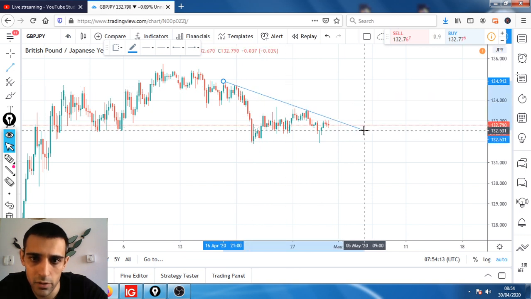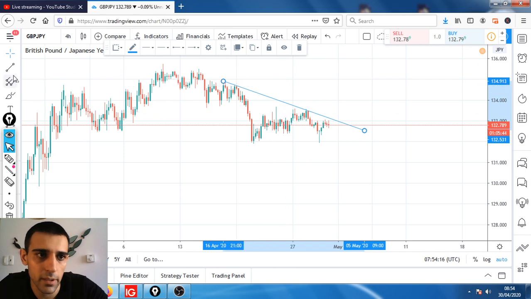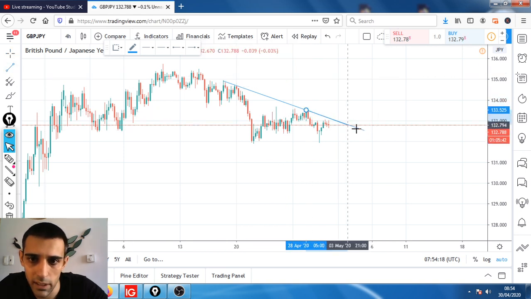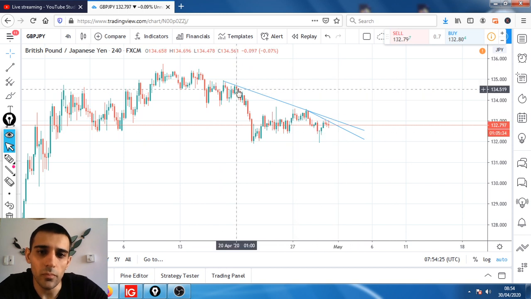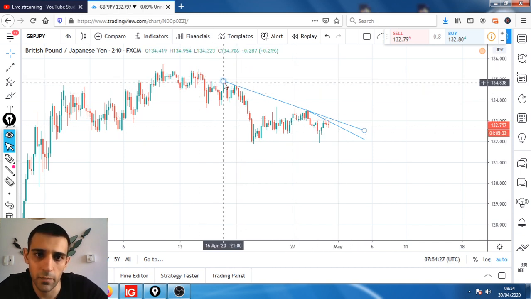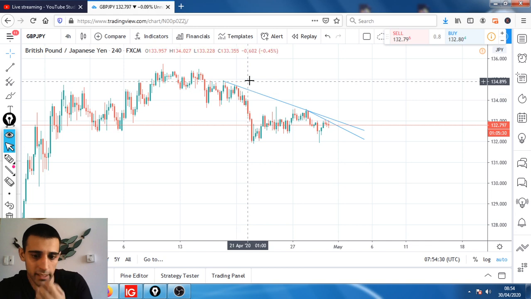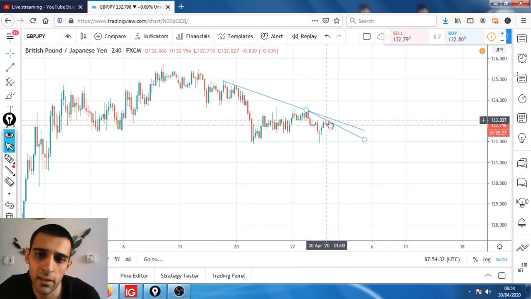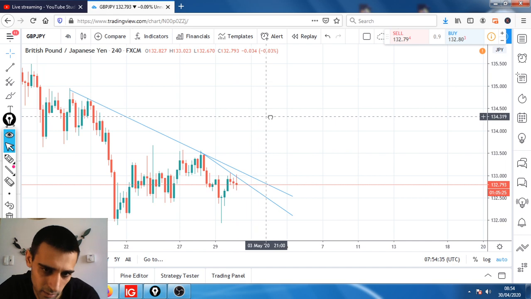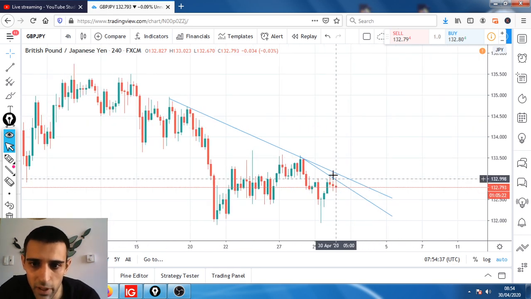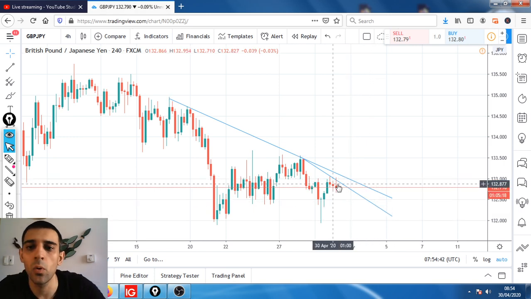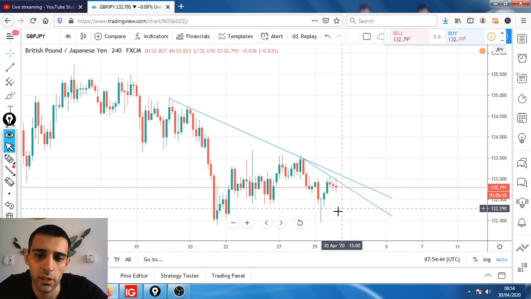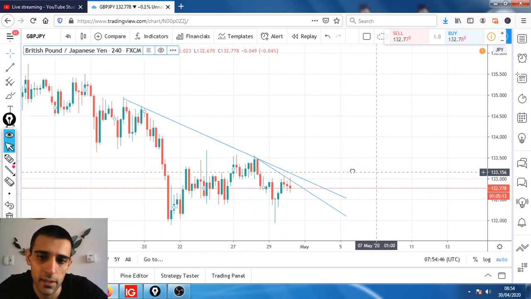Technically we have two trend lines, a bigger trend line from way back, and these two trend lines in here. So the price may want to come up and test this trend line and then continue towards the downside, or it's just going to roll over towards the downside.